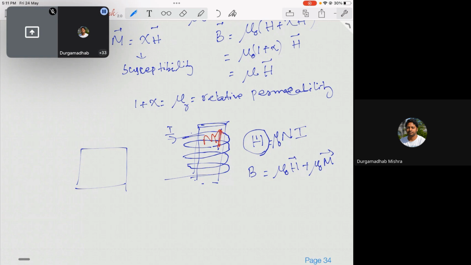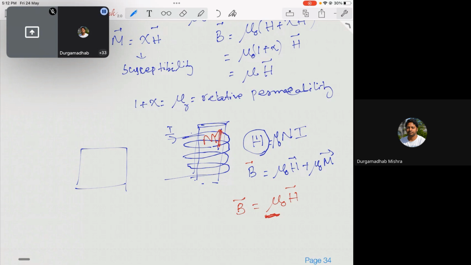If there is no material, then B will be simply equal to mu naught H. So there will be basically no difference between B and H except this constant term. They will be in the same direction and differ only by the value mu naught.